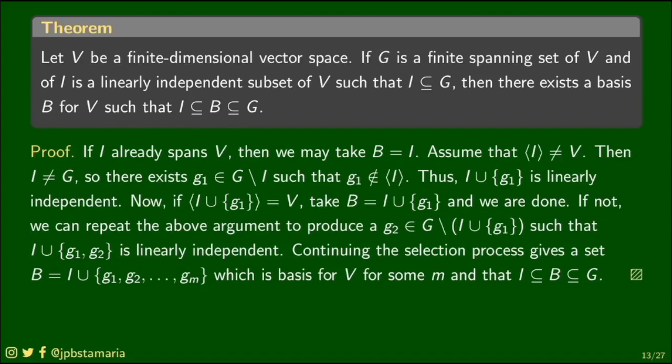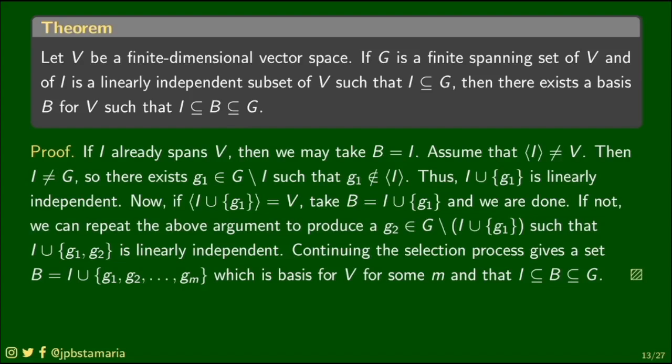So here we get another theorem. Last time, we obtained a basis from a spanning set, right? This time, we obtain a basis from an independent set. So we're going upwards.